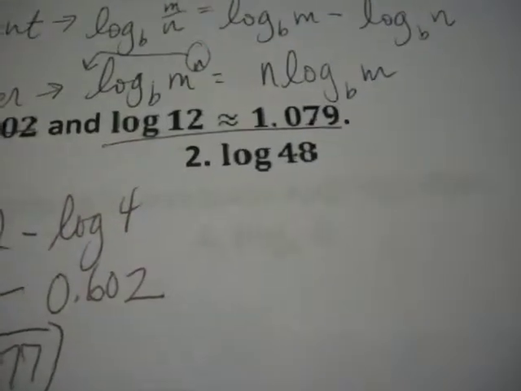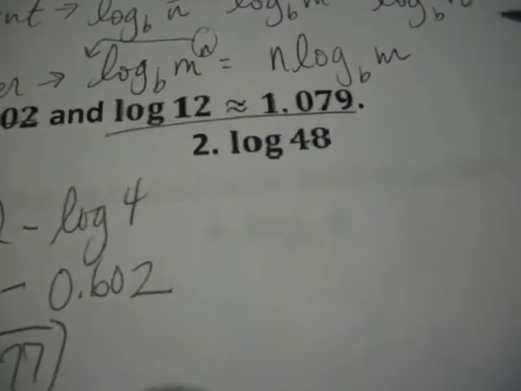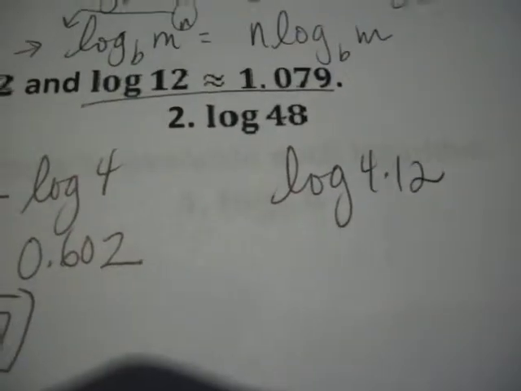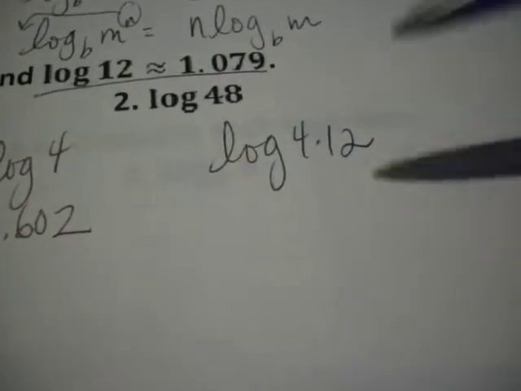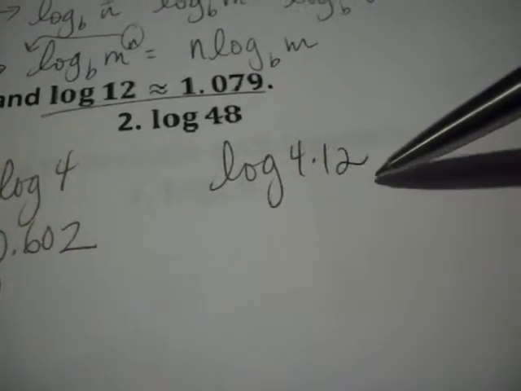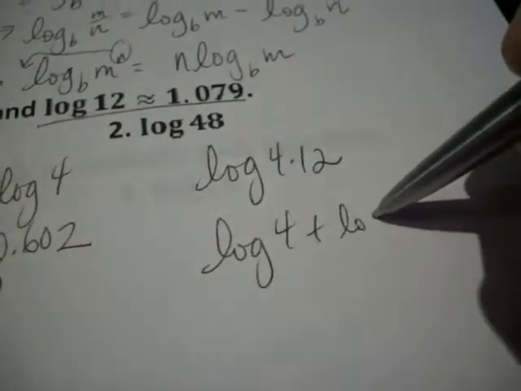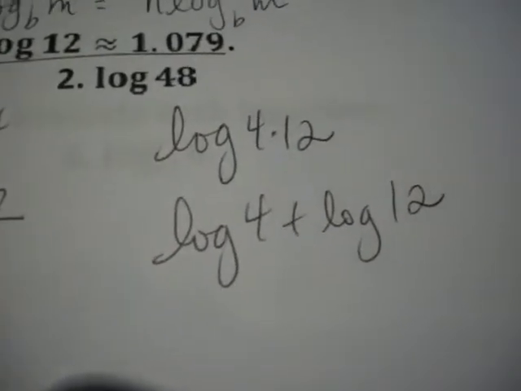We have a similar situation, 48. I don't know anything about 48, but I know about 4 and I know about 12. And I happen to know that 4 times 12 is 48. So this is the product property. It's a product, which means I can separate and add like that.